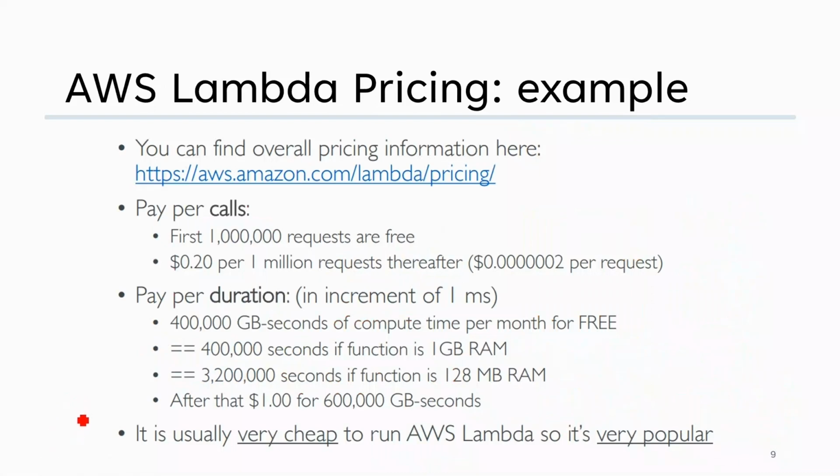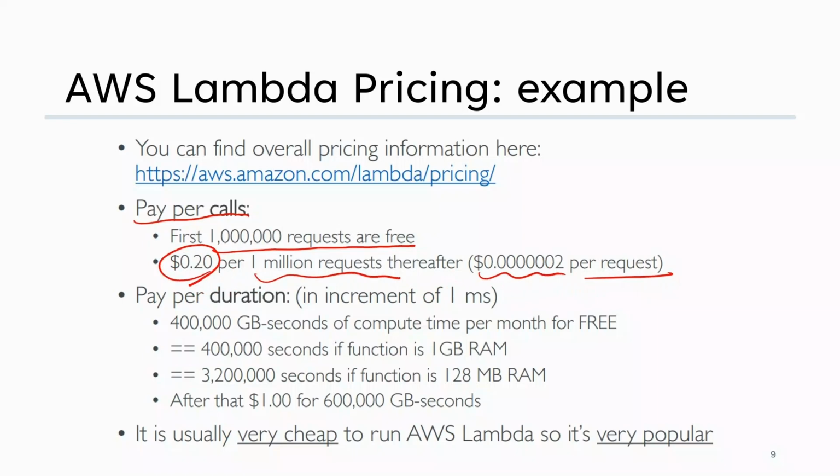Okay, so Lambda pricing example, right? Let us see an example of Lambda pricing. So pay per calls, as I've told you, right? And first 1 million requests are free, and then after that $0.20 per 1 million requests, and thereafter this much per request.